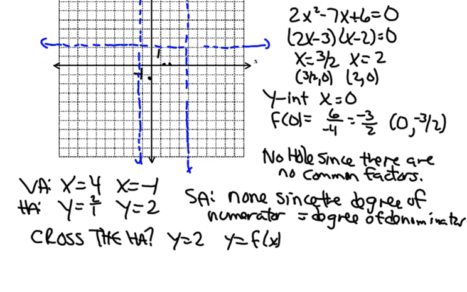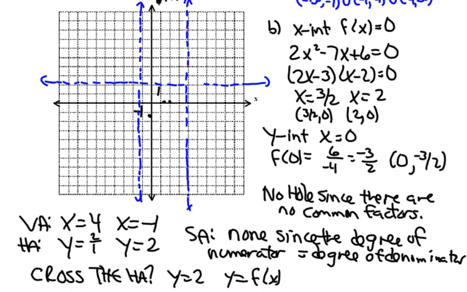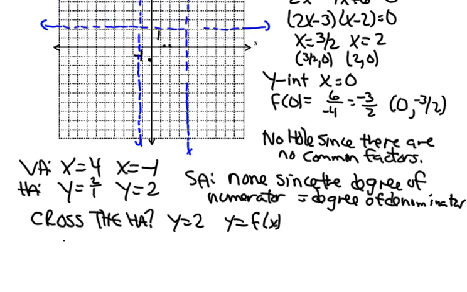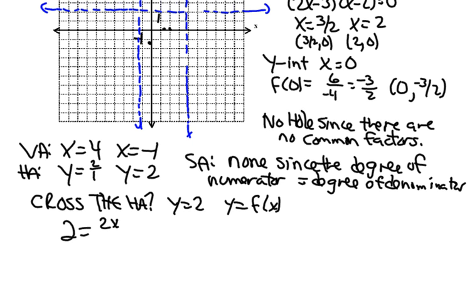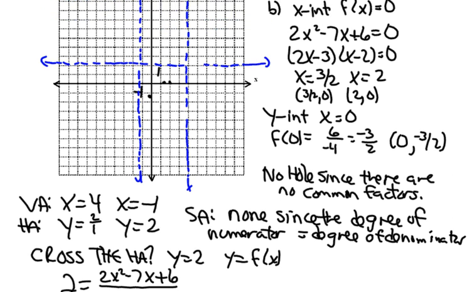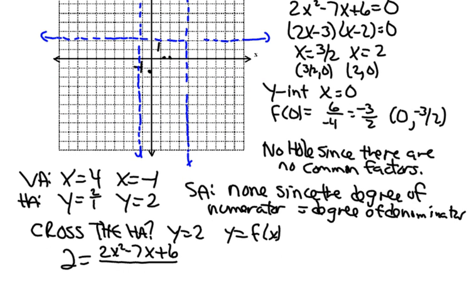So what I'm going to do is go back to the original. Instead of f of x, I'm going to put 2, and I'm going to rewrite this function again. So 2x squared minus 7x plus 6, divided by x squared minus 3x minus 4.